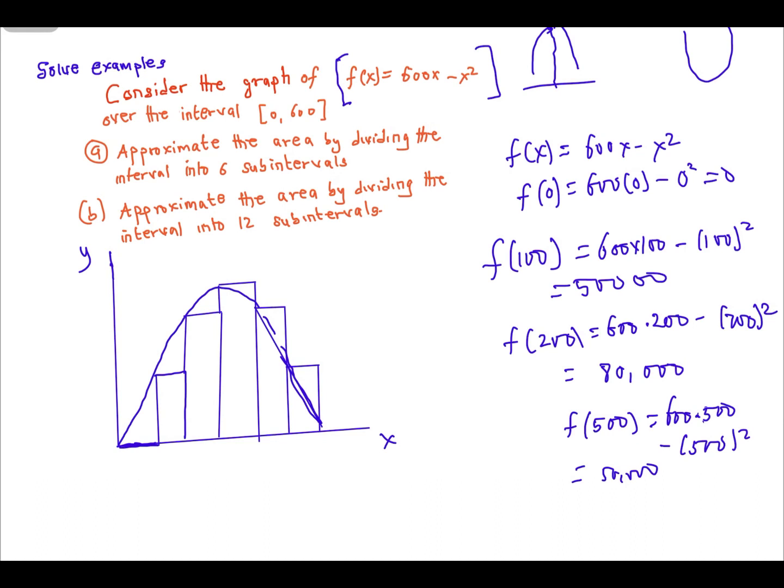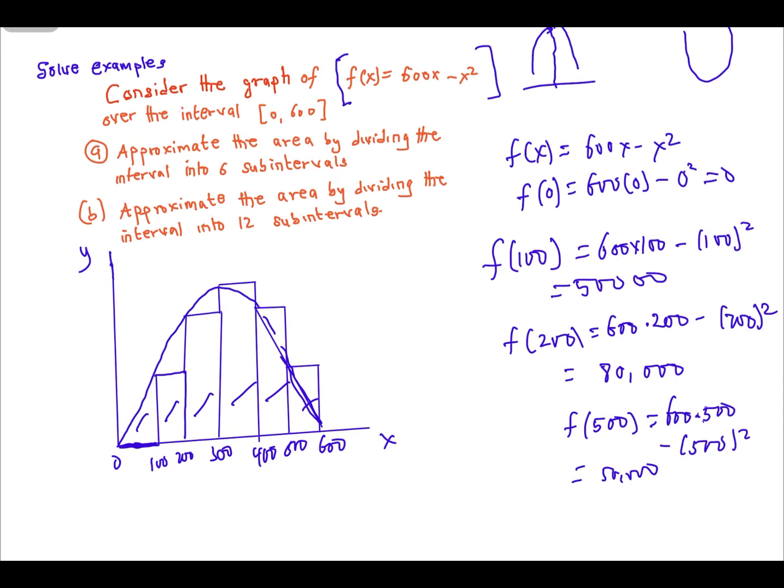So this is our final graph, and it will have 6 rectangles, because the rectangle figure here starts at 0. So 1, 2, 3, 4, 5, 6. So here is 0, 100, 200, 300, 400, 500, and 600.